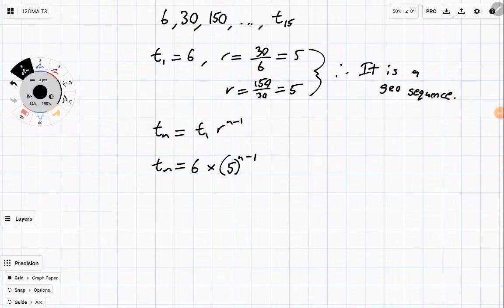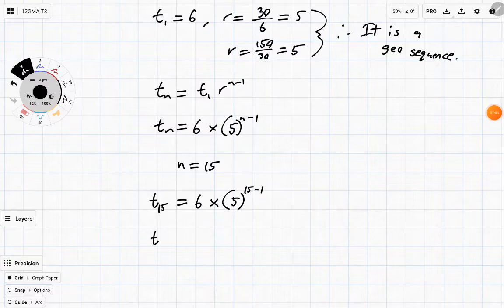I want a specific value. I want it when n is equal to 15, based on which term we're interested in. So T15 would be equal to 6 times 5 in brackets, 15 minus 1. And using your calculator, T15 is equal to 36,621,093,750. In other words, a very big number.